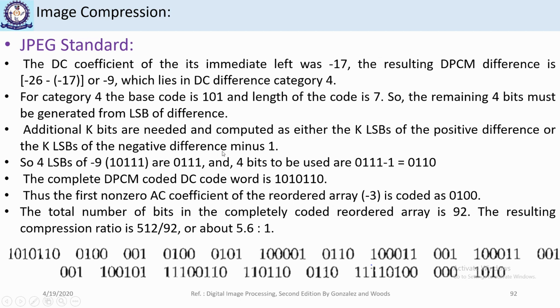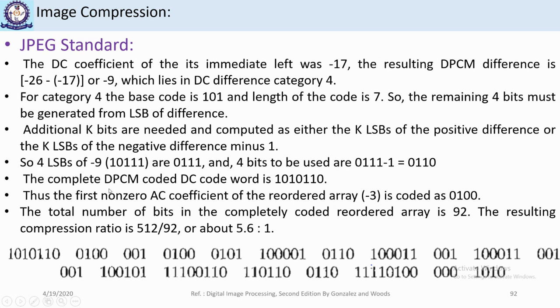If the difference is negative, you represent it in binary in 2's complement form, take its k LSBs and subtract 1 from it. In the case of minus 9, it is represented in binary this way, its 4 LSBs are taken, and then 1 is subtracted from them. Then we get the resultant value, that is 0110.